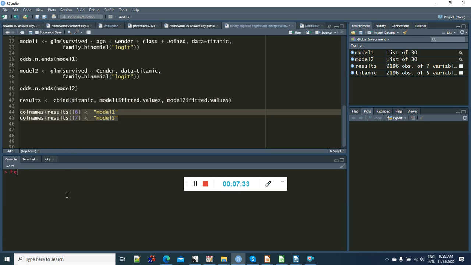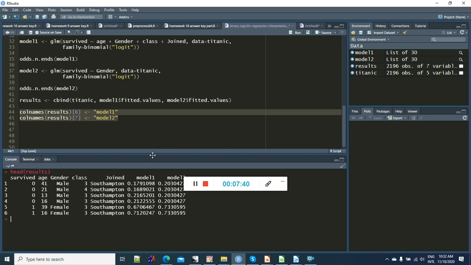And if we look at the first 6 rows of the results, okay, so now we have whether the person survived, their age, their gender, their class, where they joined, the probability of survival according to model 1, and the probability of survival according to model 2.